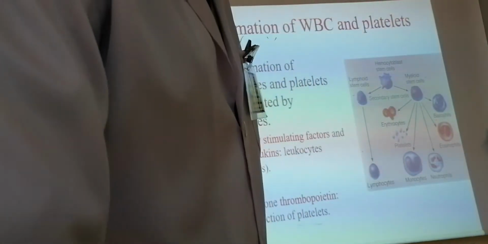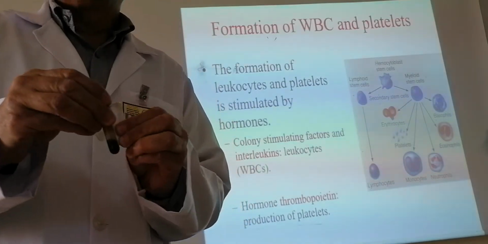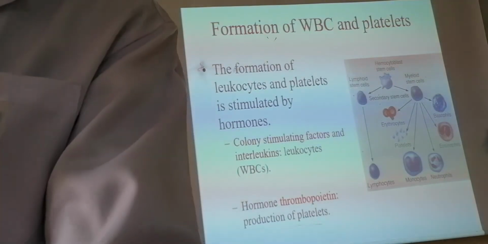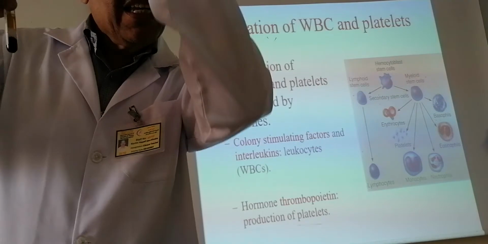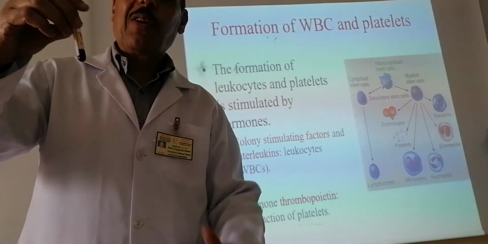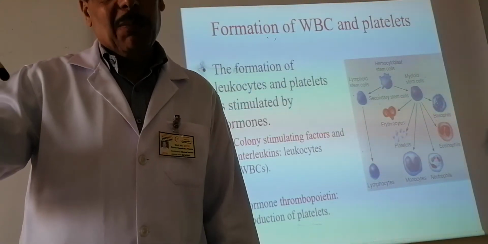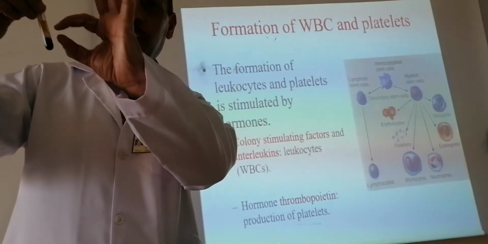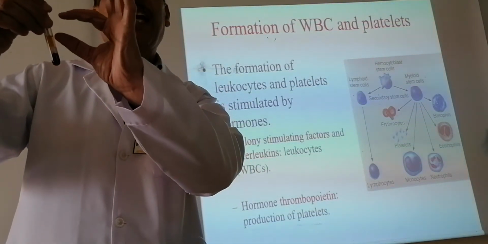This one, the other one, is another type of tube that separates the serum. It is the serum and the blood cells. So this one, if we shake it, if we do anything with it, it will not mix, because there is some substance, a gel, which separates the cells from the serum.